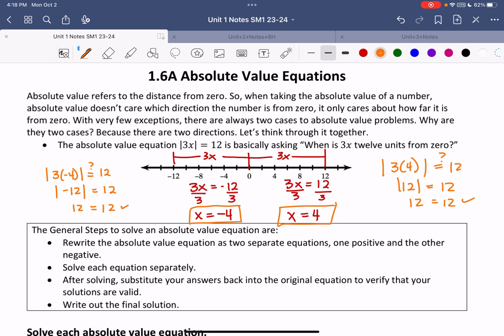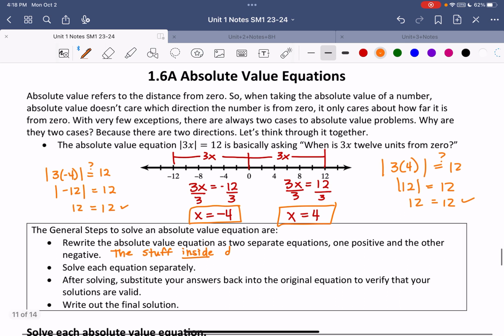Okay, so the general steps to solve an absolute value equation are to rewrite the absolute value equation as two separate equations, one positive and the other negative. Okay, I'm going to write the stuff inside does not change signs.